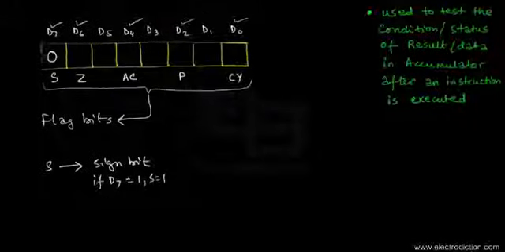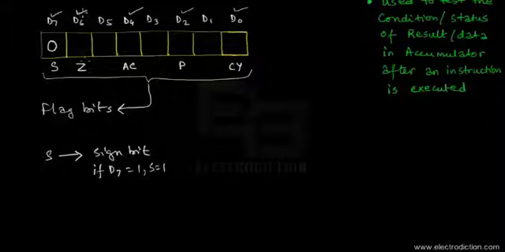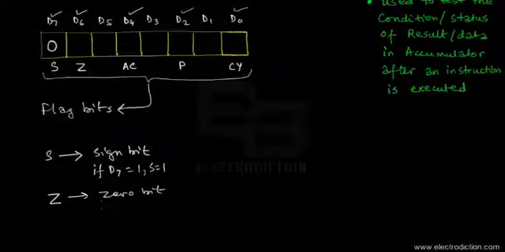Next we have bit D6, which is referred to as the zero bit. The zero bit is set if the entire result in the accumulator is 0. So if the result in the accumulator is 00H, then Z will be equal to 1, so Z will be set.